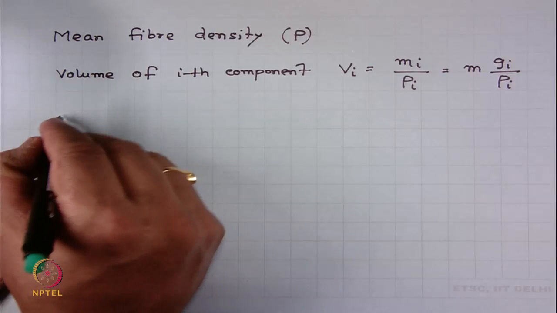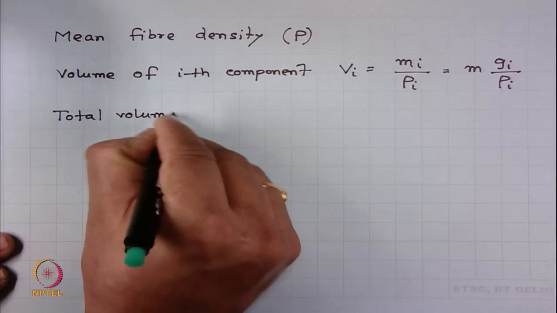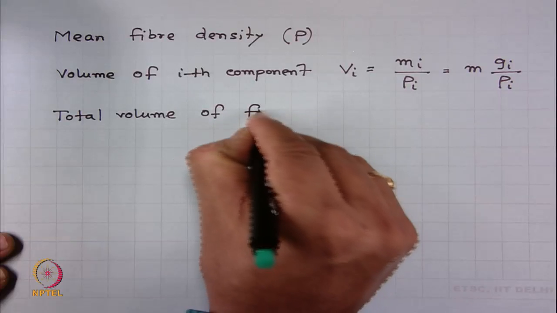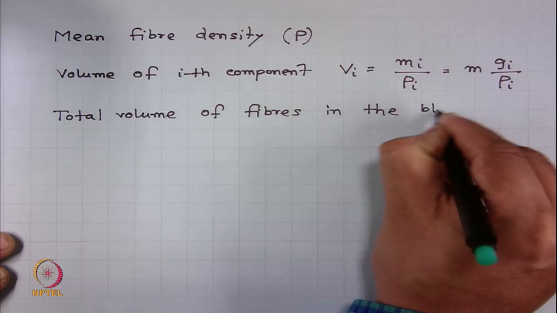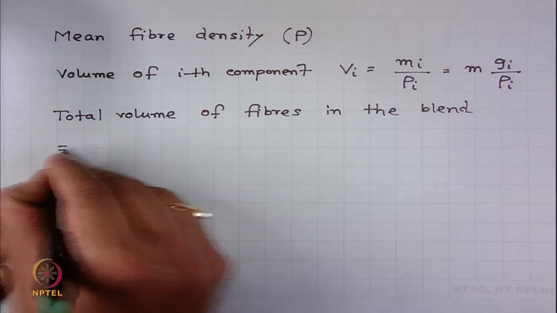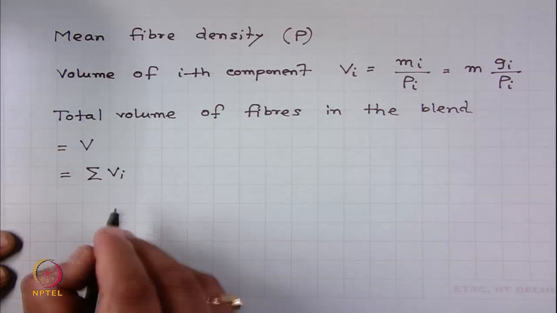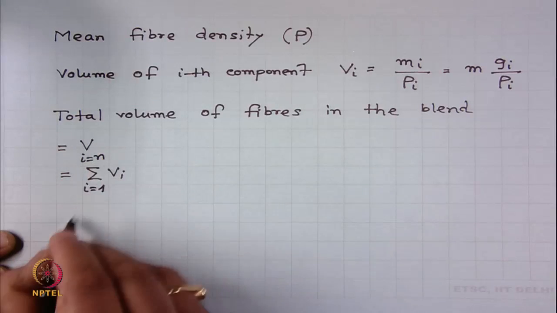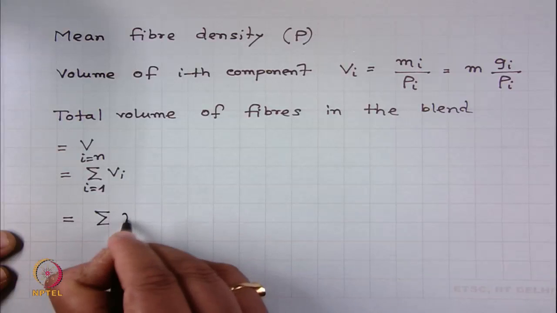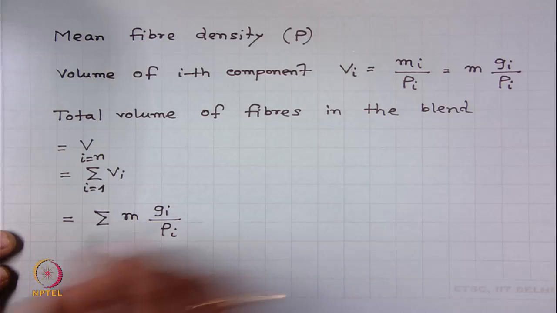So, the total volume of fibers in the blend is equal to V, which is equal to summation of V subscript I when I is equal to 1 to n, that is equal to summation of M into Gi by rho I. M is a constant, it can come out of the summation.